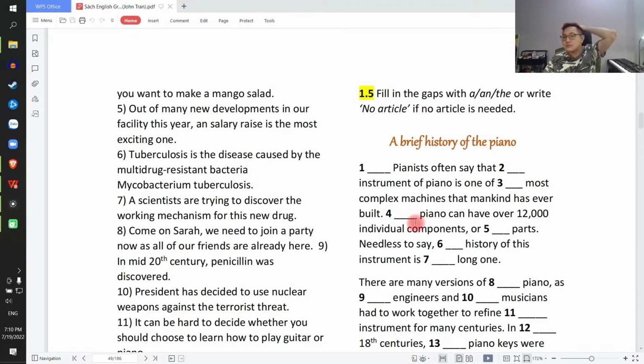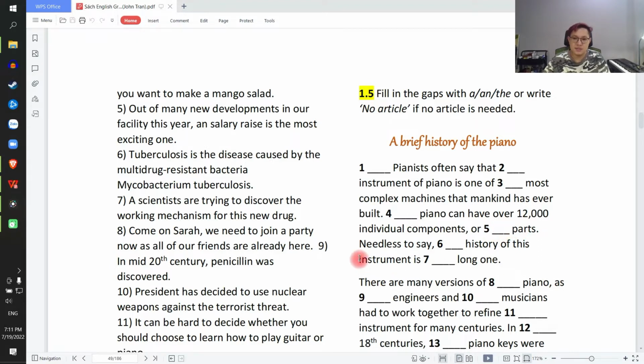So a piano can have over 12,000 individual components, or parts. So we don't want to say what kind of part, just parts in general, so no articles.